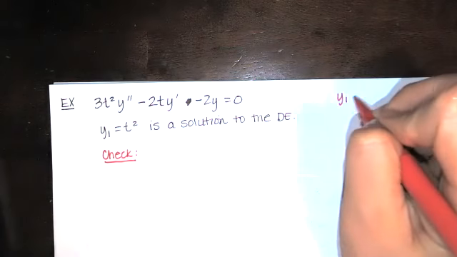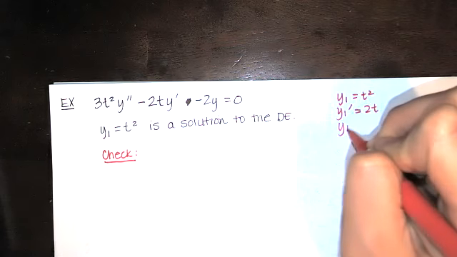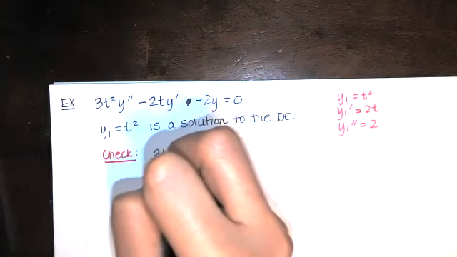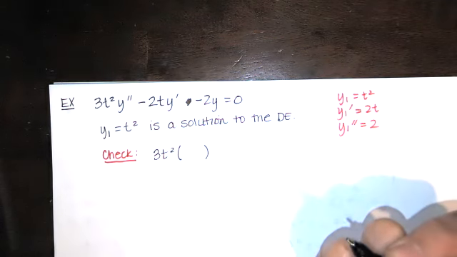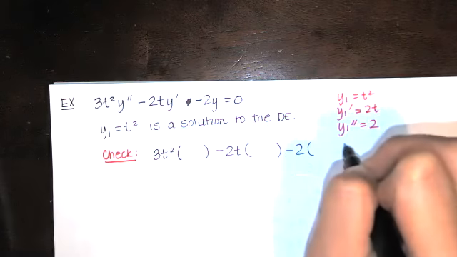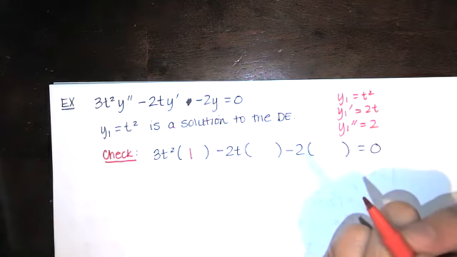Well, if y1 equals t squared, y1 prime is 2t, and y1 double prime is just 2. So we'll have 3t squared times y double prime minus 2t times y prime minus 2 times y equals 0. And we substitute these into the differential equation.